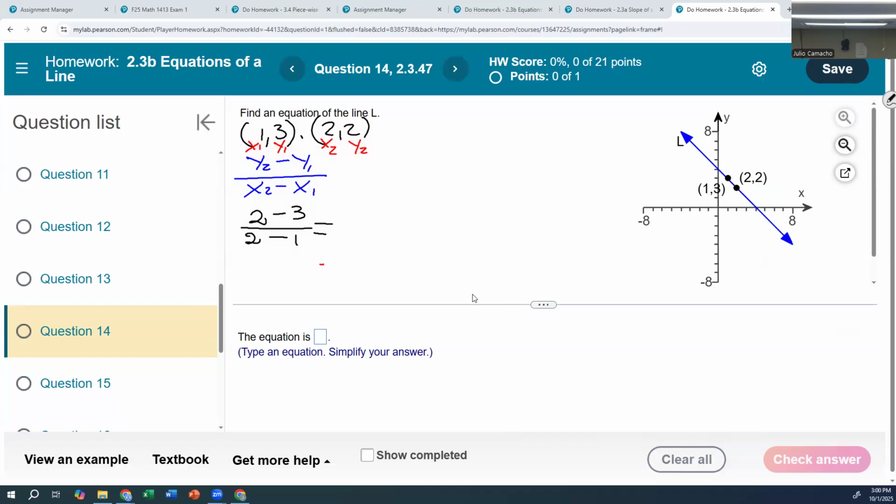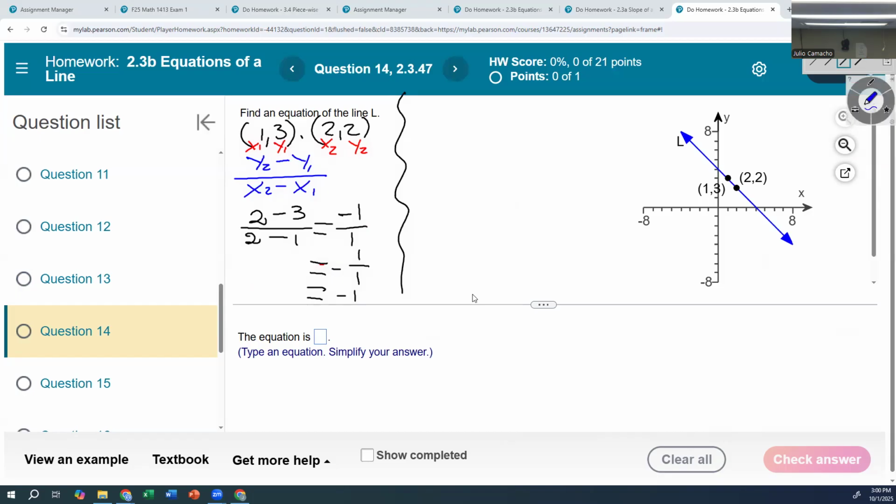So 2 minus 3 is negative 1, and 2 minus 1 is 1. So in essence, you have negative 1 over 1, that will be negative 1. That is your slope.